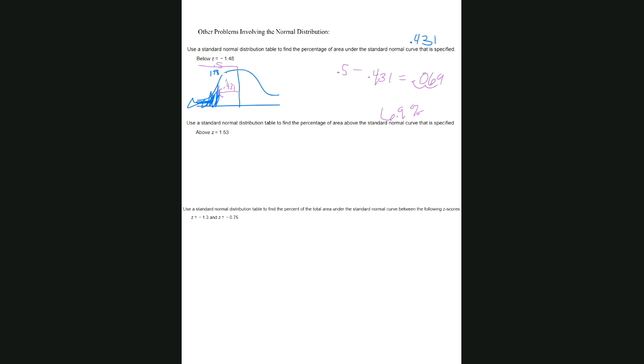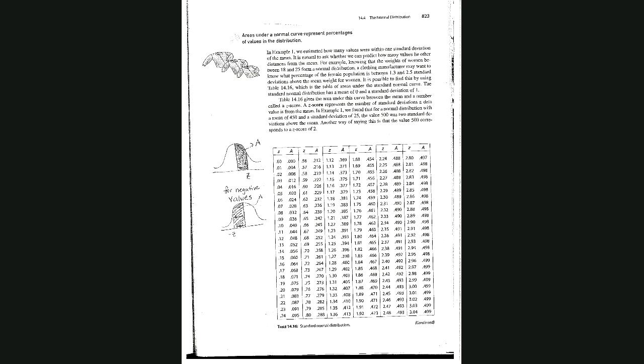It says use the standard normal distribution table to find the percentage of area above the standard normal curve that is specified. So that's 1.53. Before I draw anything, I'm going to go over here and find this area. So 1.53.